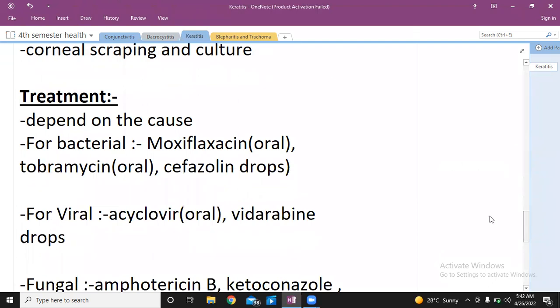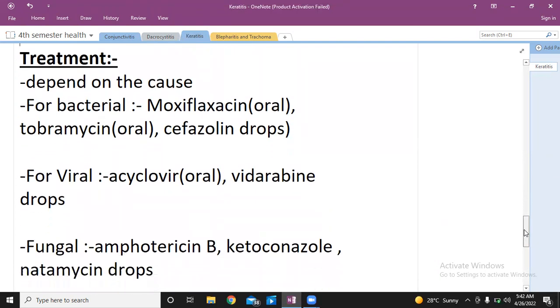And what is the treatment for keratitis? Treatment is mostly concentrated on the underlying cause. If the underlying cause is of bacterial origin, you have to use broad spectrum antibiotics with cefazolin drops.